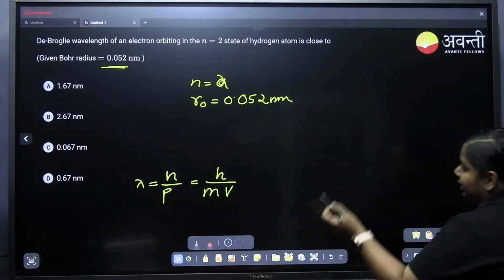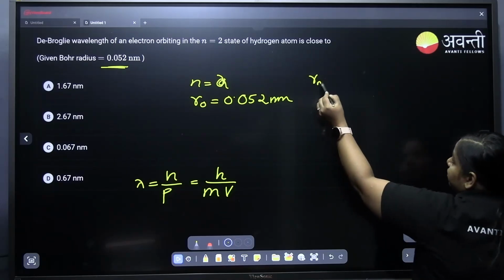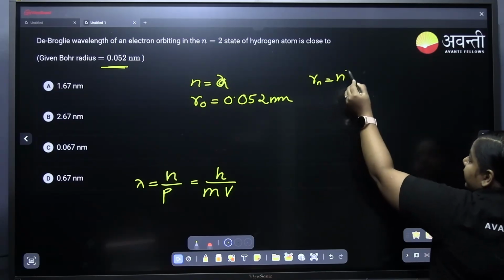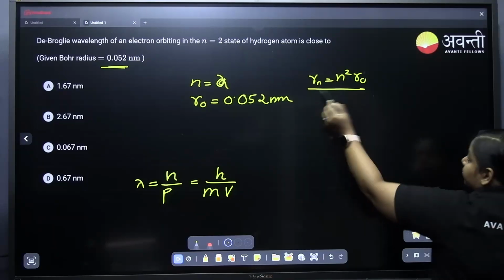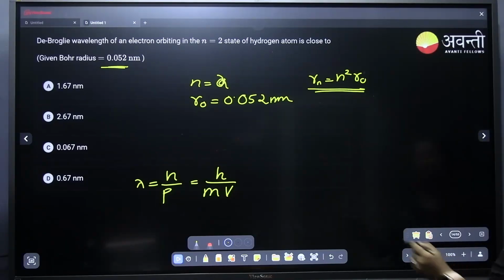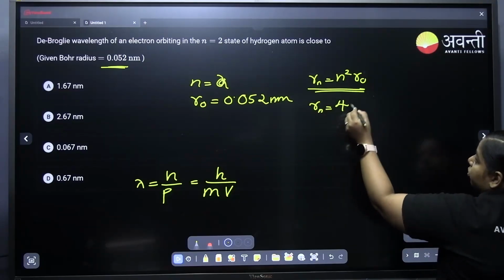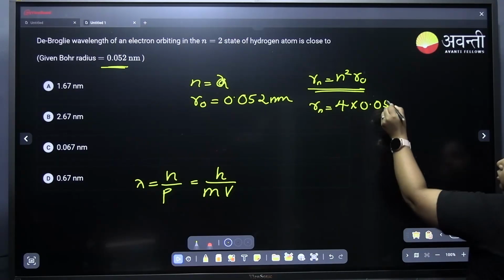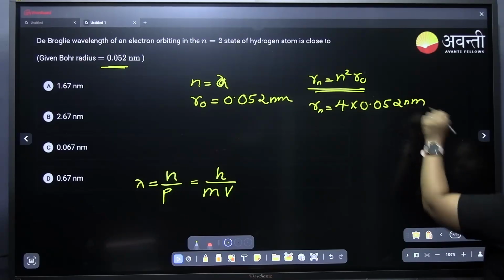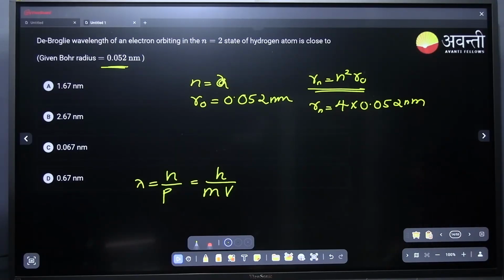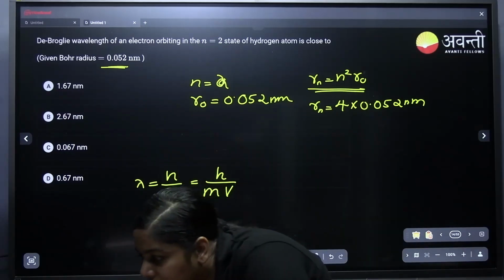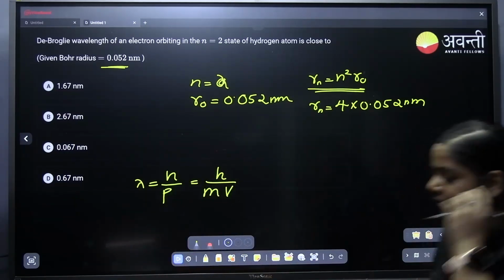So first find the radius. The radius of the nth orbit is equal to n square r naught. n is given, so Rn is equal to 4 into 0.052 nanometer. So we will get V1 by n. Okay, that is good.